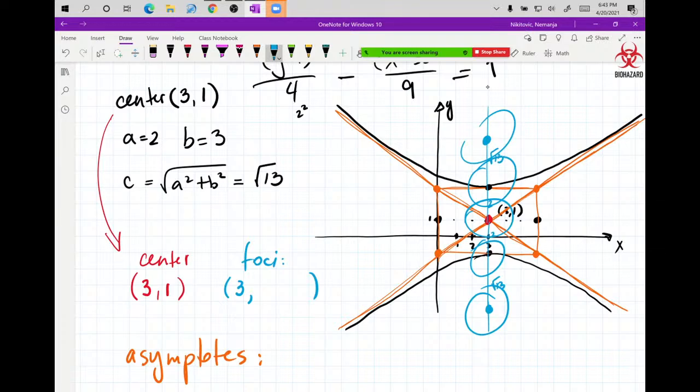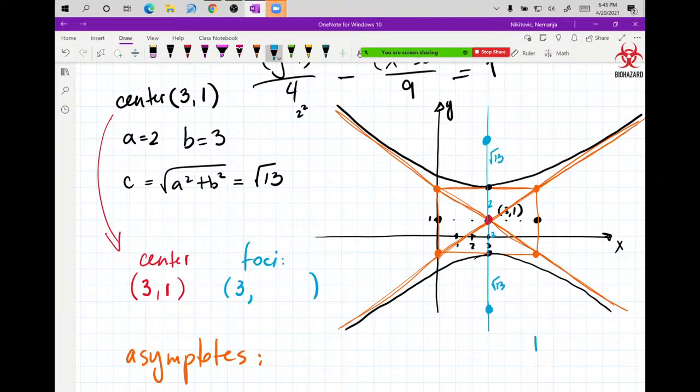Now, I need to go to the center and pick up the y value for the center, and that is 1.